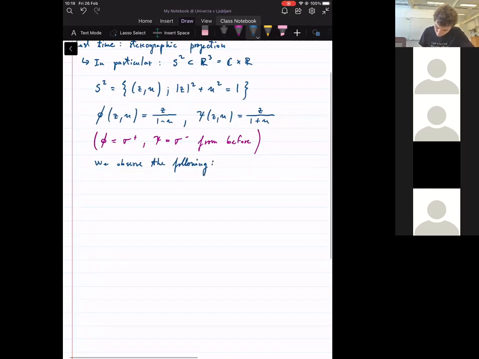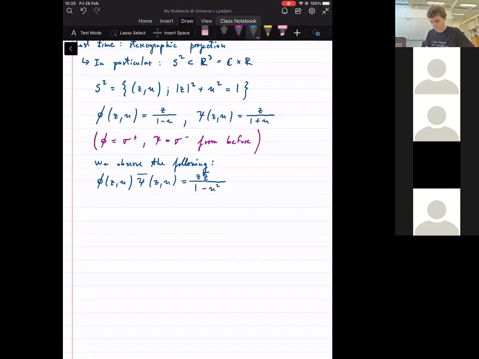If we multiply phi of z, u with psi conjugated of z, u, what we get is, in the numerator, z times z conjugated, and in the denominator 1 minus u squared.